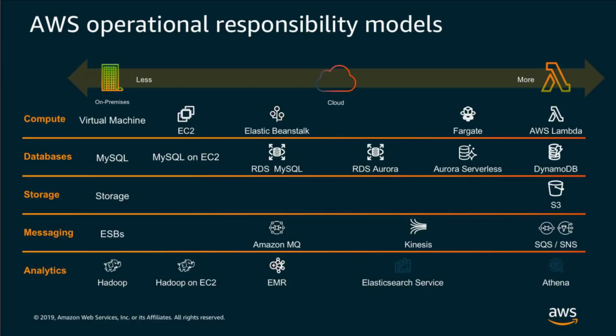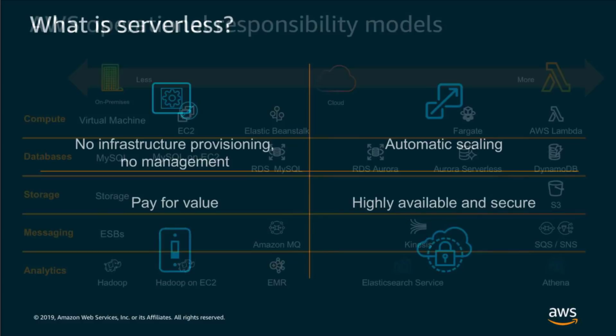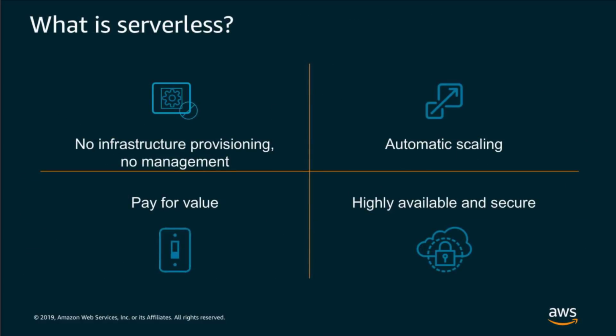So I'm going to move to the next slide. And in this next slide, we are going to go over and talk about what is serverless. So when you think about it, what is serverless? Serverless is an operational model that spans many different categories of services. And in AWS, when we say serverless, we mean it is the removal of the undifferentiated heavy lifting that is server operation.